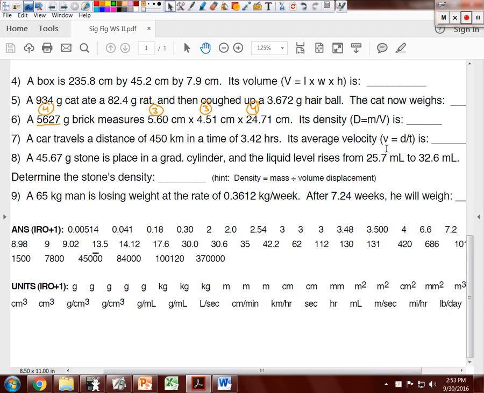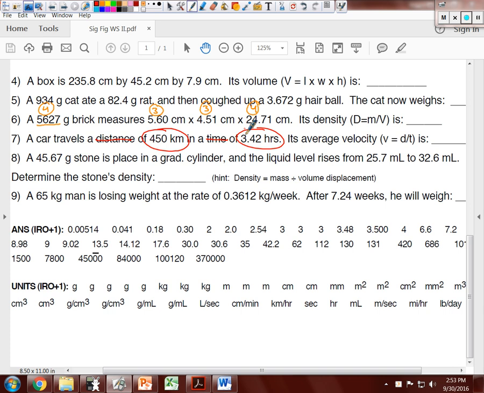Had these words not been a part of the question, so it just said a car travels 450 kilometers in 3.42 hours, how would you have still known that this was your distance and that was your time? The units. That's how important these things are. If you don't have the units on there, you don't know what it is.